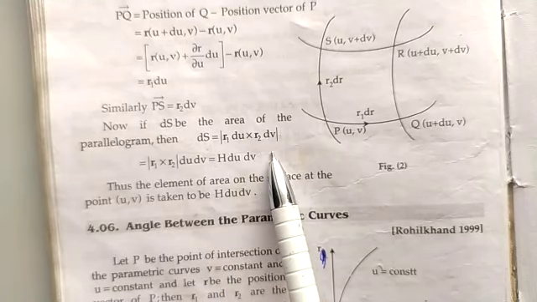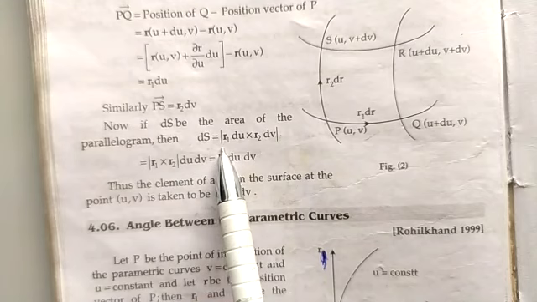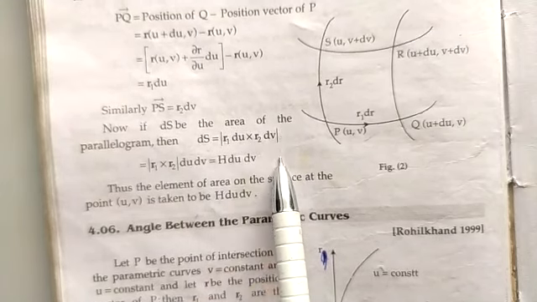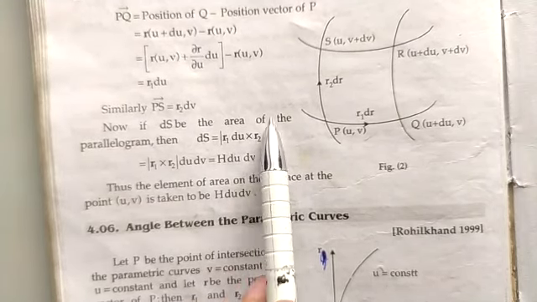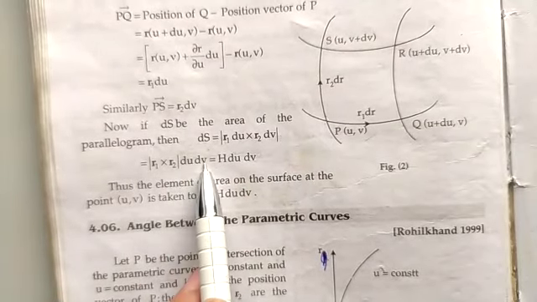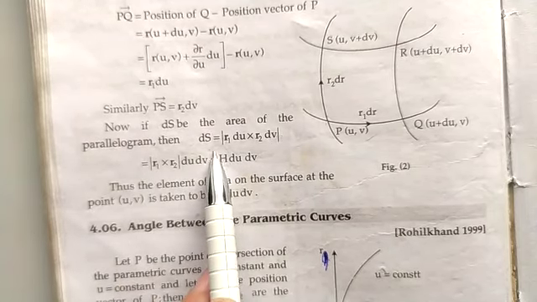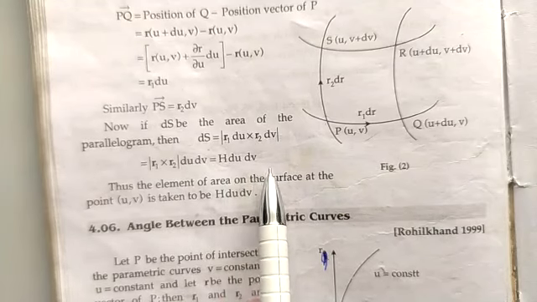So the area dS is given by the magnitude of r1 du cross r2 dv. From here we can write this as the magnitude of r1 cross r2 into du dv. By definition, the magnitude of r1 cross r2 is H. So this is H du dv.